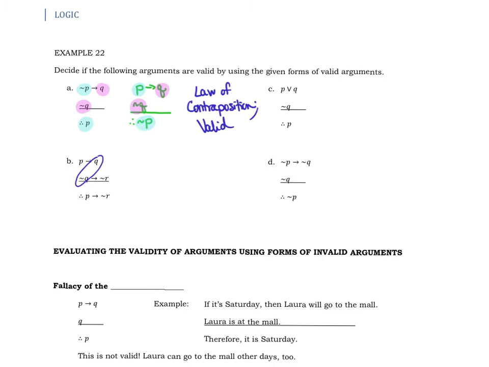We can't have a Q and a not Q. So this is going to be invalid. This is not a valid form of an argument. This would not work out to be true.